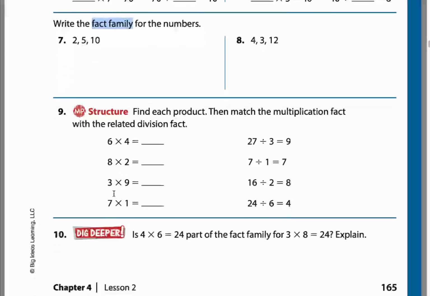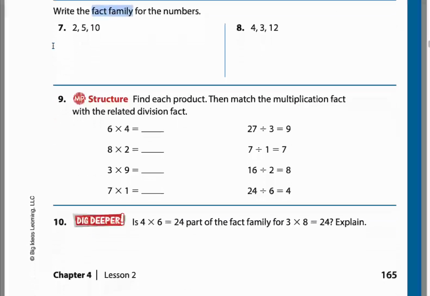So, I will write the fact family for question number 7. We have 2, 5, and 10. And the fact family in this case, we should have 2 multiplication equations and 2 division equations. The 2 multiplication equations are 2 multiplied by 5 equals 10 and 5 multiplied by 2 equals 10.